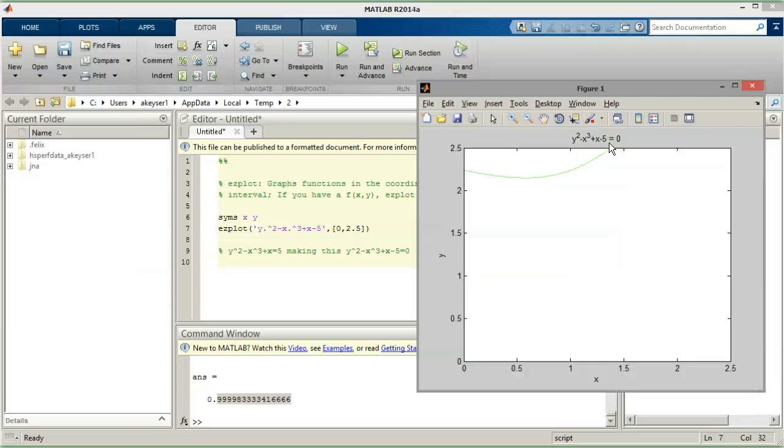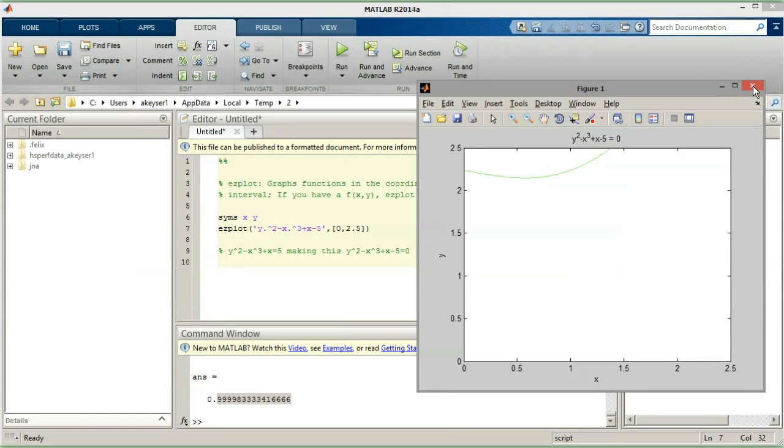Another thing that is used a lot is inline. Okay, and inline really is just a way of identifying a function.